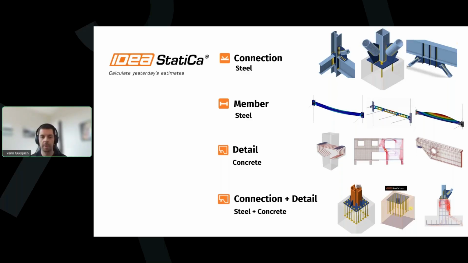When we're looking at the steel members, you could use the member application. This will allow you to go beyond the simple beam calculations, enabling analysis of buckling, stability, and interaction effects under various load combinations. This gives engineers confidence in their designs, especially for non-standard cases.